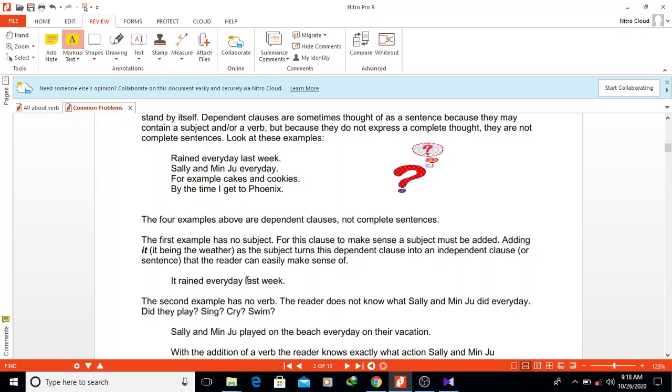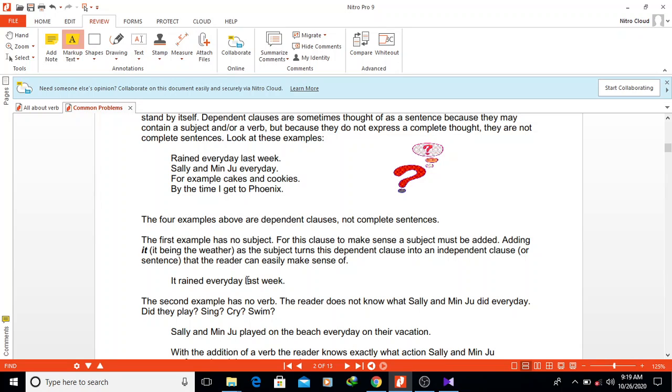Kalau yang Indonesia paling sering itu biasanya kalau dia prepositional phrase. For example, in my village is not crowded, ya.